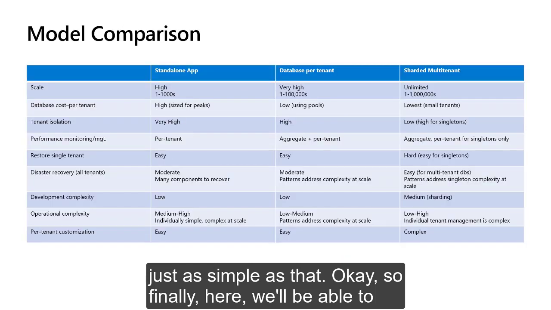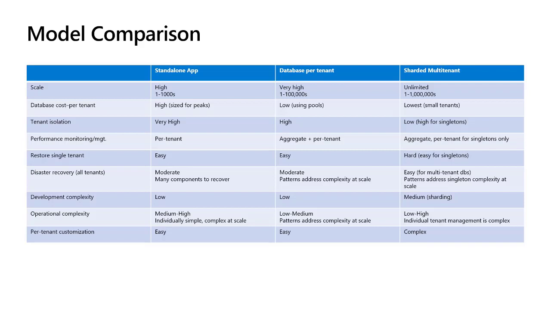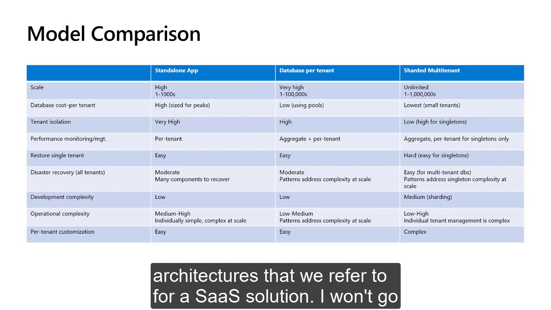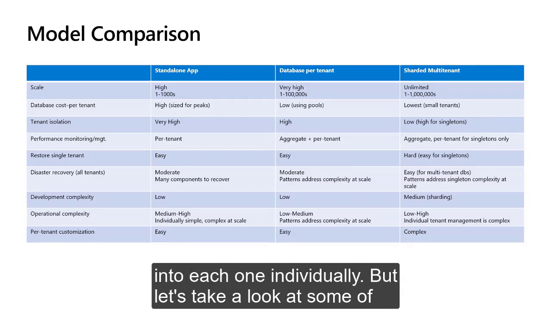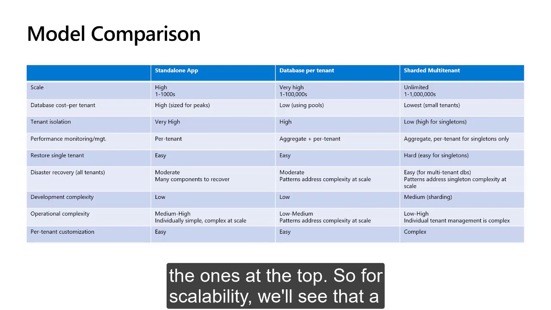Okay. So finally here, we'll be able to look at a model comparison of each of the data access layer architectures that we refer to for a SaaS solution. I won't go into each one individually, but let's take a look at some of the ones at the top.